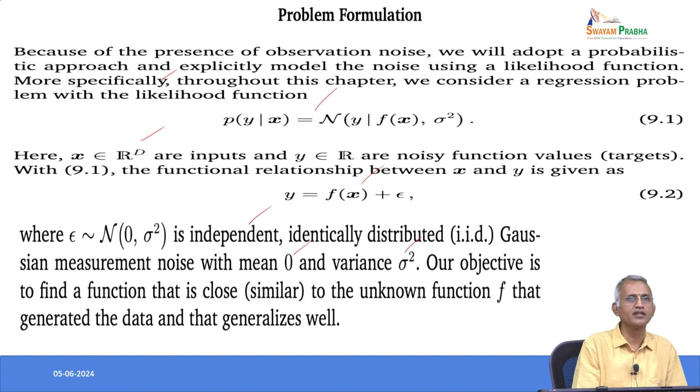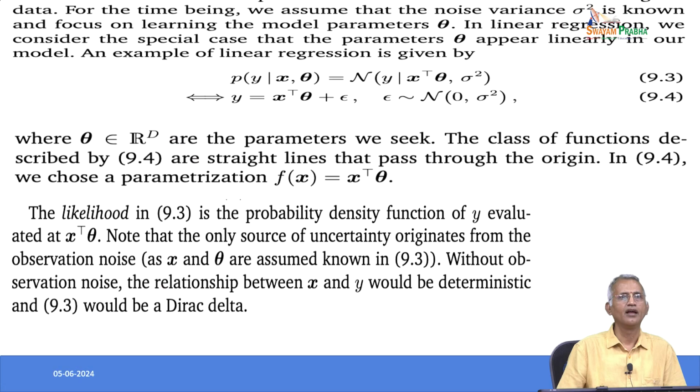So, our objective is to find a function that is close to the unknown function f that generated the data and that generalizes well. For the time being, we assume that the noise variance sigma^2 is known and focus on learning the model parameter theta. In linear regression, we consider the special case where the parameters theta appear linearly in our model.